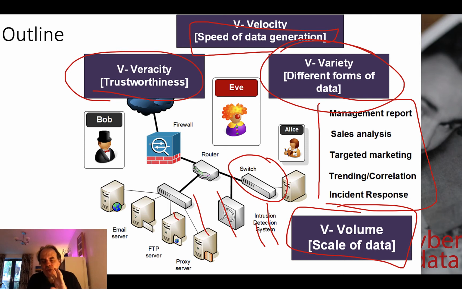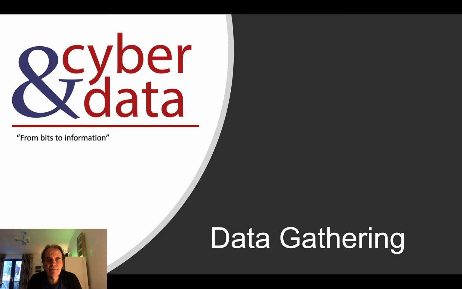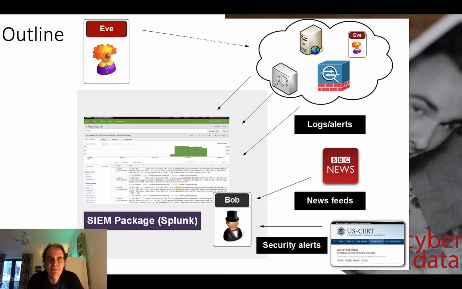So if we can get this to work and we can gather data from all the different elements of the network infrastructure, we could use it to really understand the whole analytics of our company. Okay, so let's have a look at what the data gathering looks like.